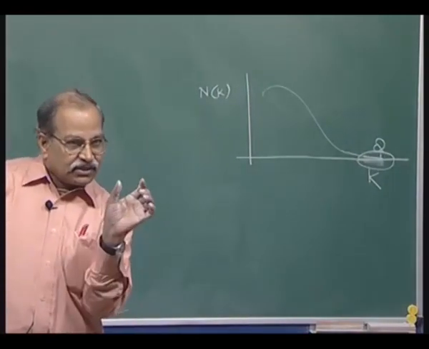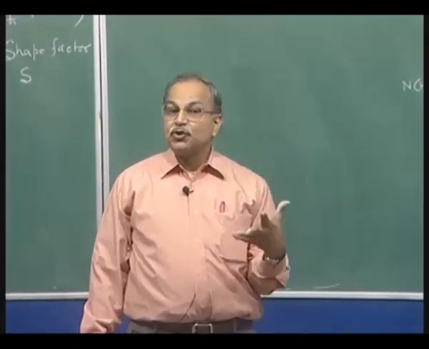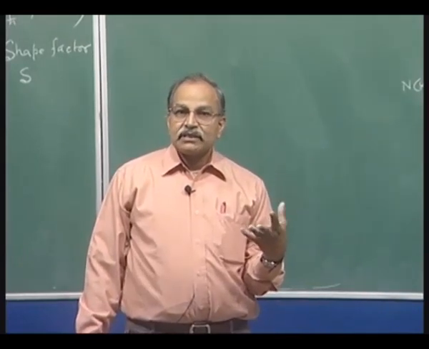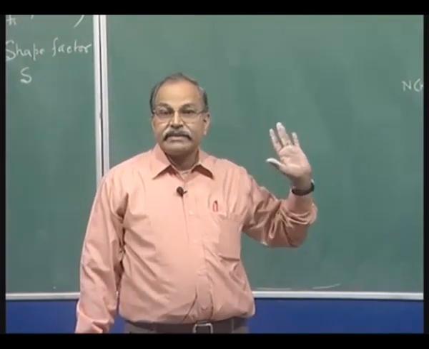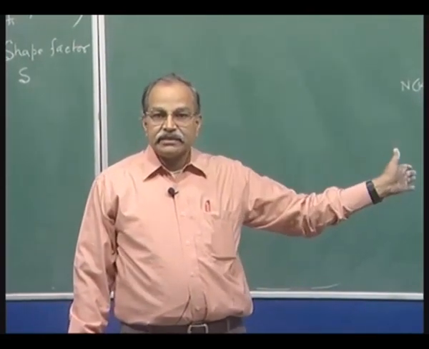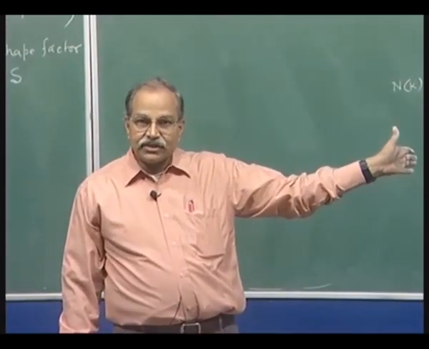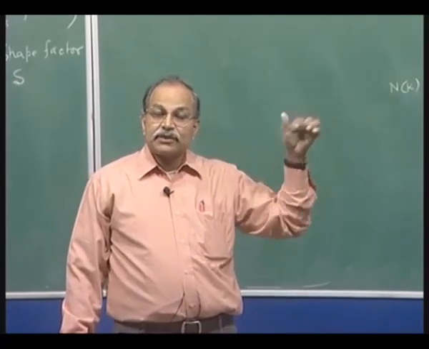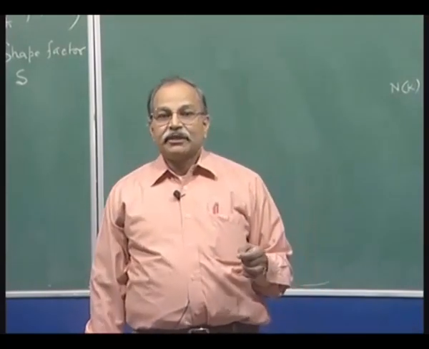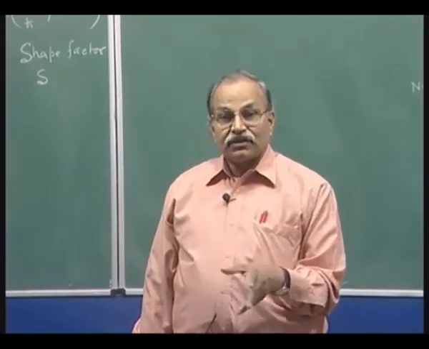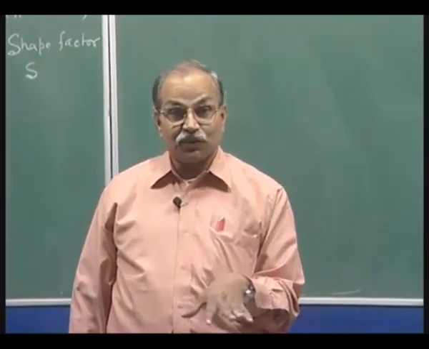In this region, the kinetic energy of the electron is close to the Q value, and that means the neutrino energy is close to 0. Therefore, at a certain stage, as you look at higher kinetic energies very close to capital Q, it will so happen that the neutrino total energy will be comparable to its rest mass energy, if its rest mass energy itself is not 0.